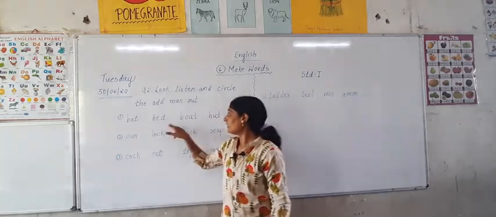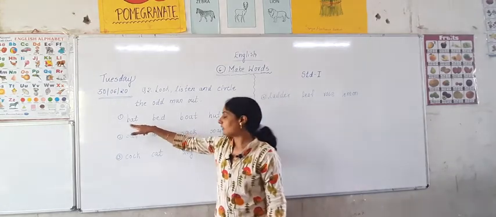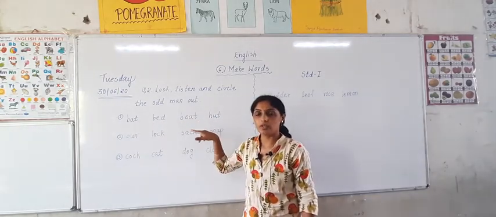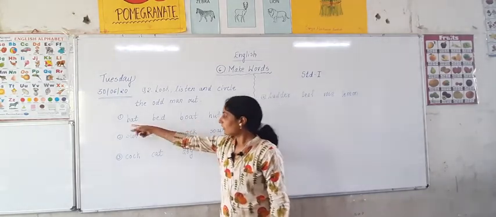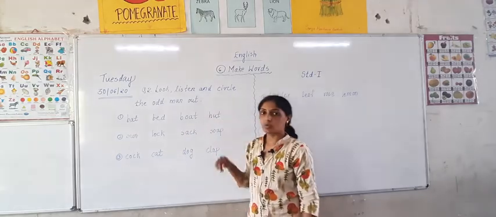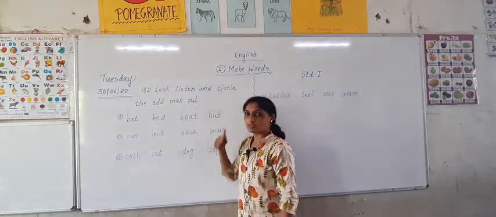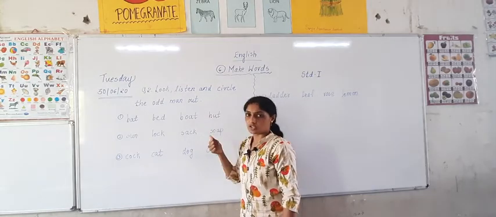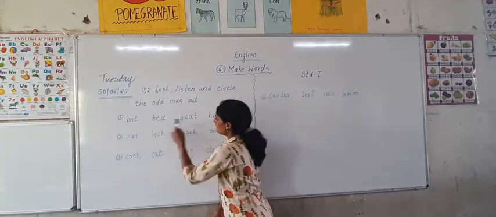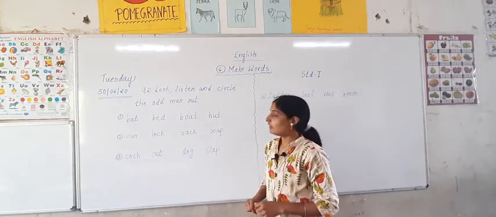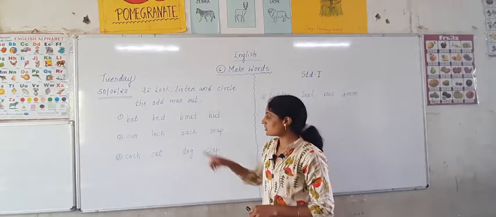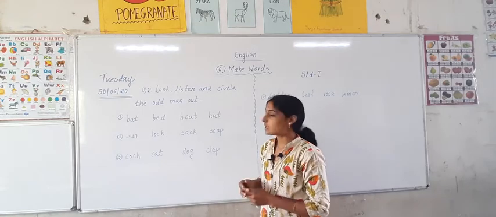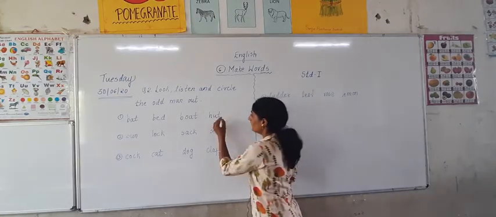Bat, bed, boat, they all start with the letter B. So which word will be the odd man out? Only the last word starts with H, correct? Odd man out means which is the different word among all four words. HUT hut is the different word.